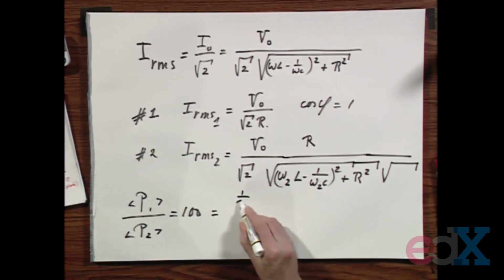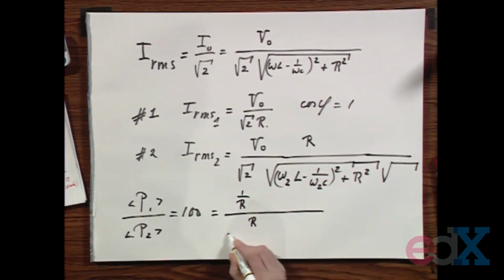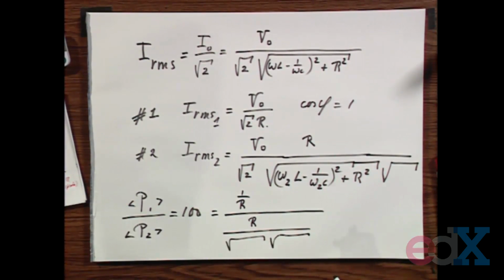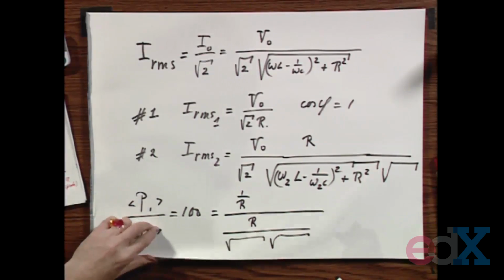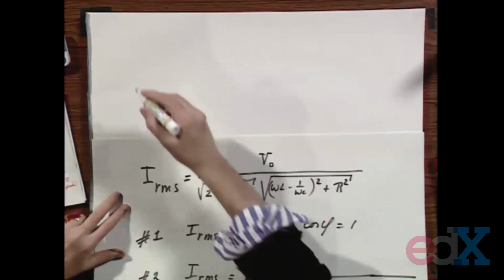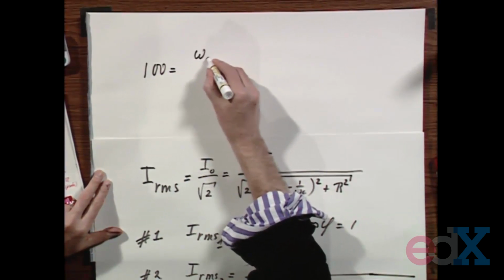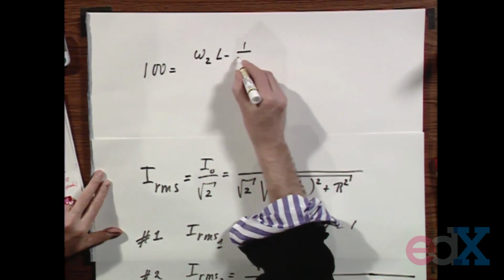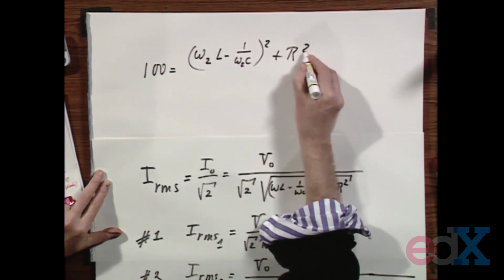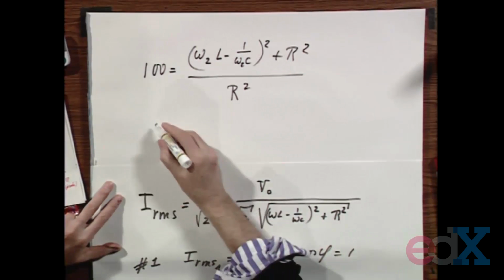I get upstairs 1 over R, and I get downstairs R over the square root of this, again times the square root of this. Maybe I'm going a little bit too far. I could have left you solving this equation, but we have plenty of time, so why not? Omega 2 L minus 1 over omega 2 C squared plus R squared divided by R squared. That is now the requirement for that power ratio to be 100.